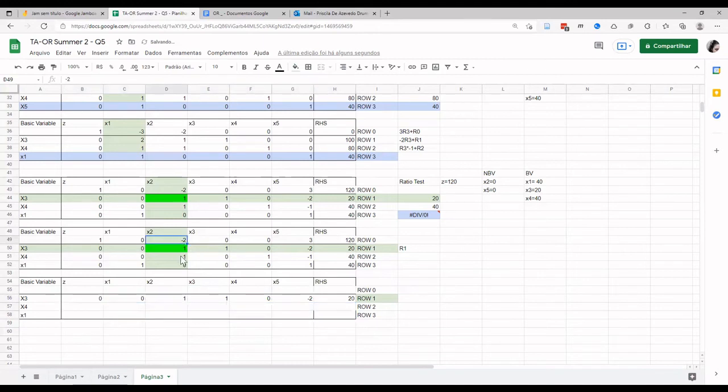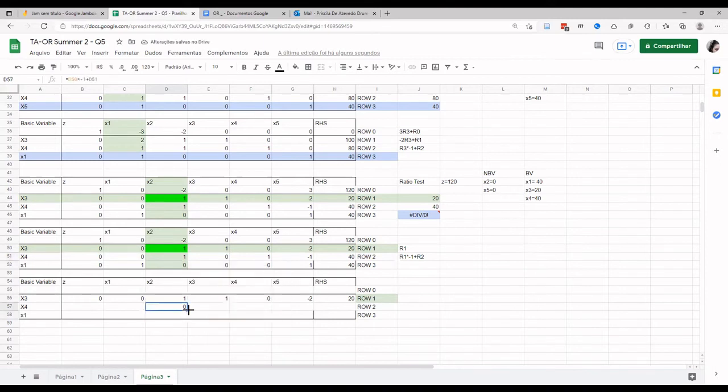Now, for us to transform this number here into 0, what we can do is multiply our pivot row, the row 1, by -1 and add it to R2. So here we are multiplying this pivot number by -1, and I'm going to add it to the number in R2.